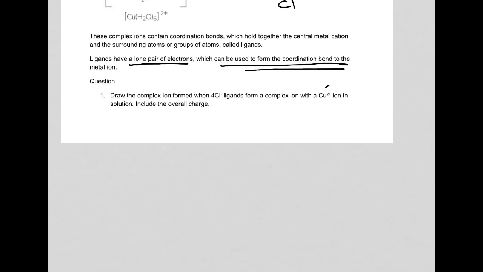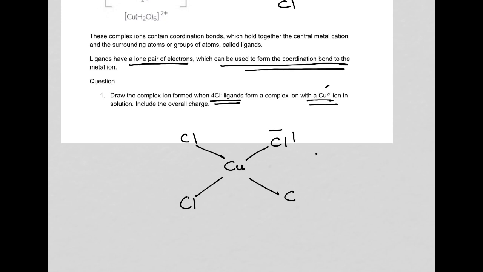So I'm going to do one example. You have Cu2+ forming a complex with 4 Cl minus ligands. So Cu2+ will have 4 Cl minus. Cl minus, I'm going to exclude the charge here. Cl, Cl, and Cl. I'm not going to forget the lone pairs of electrons on Cl minus here.